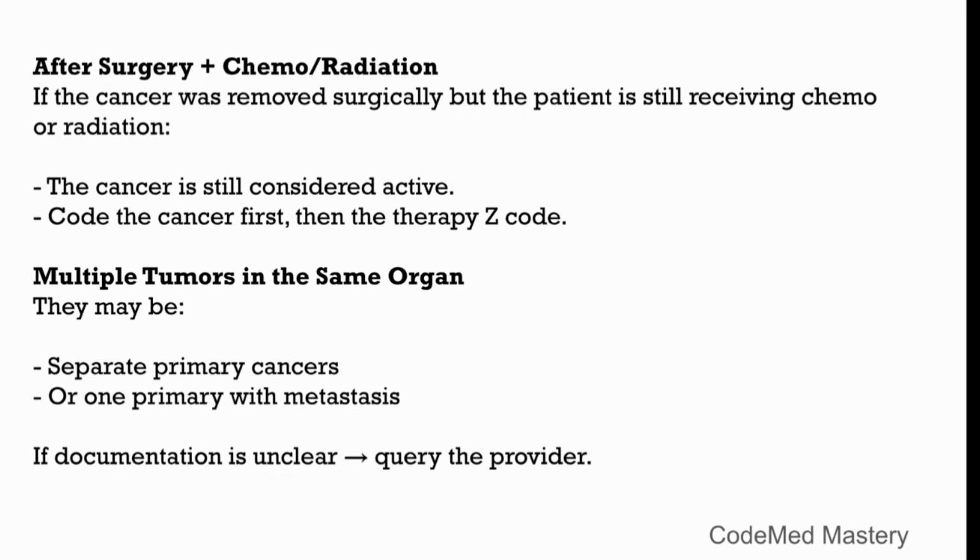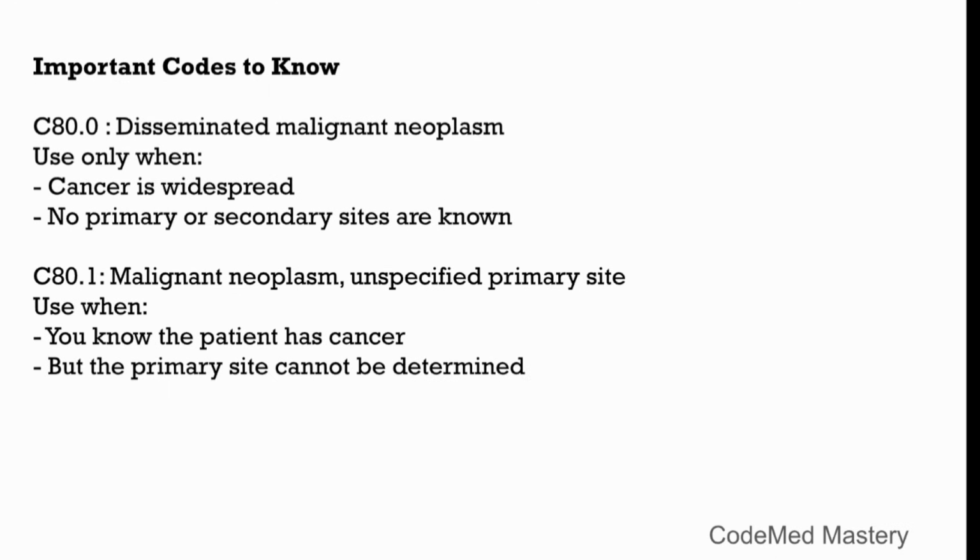Next, important codes to know. C80.0, disseminated malignant neoplasm. It is used only when cancer is widespread and no primary or secondary sites are known. And C80.1, which is malignant neoplasm, unspecified primary site. It is used when we know the patient has cancer but the primary site cannot be determined.